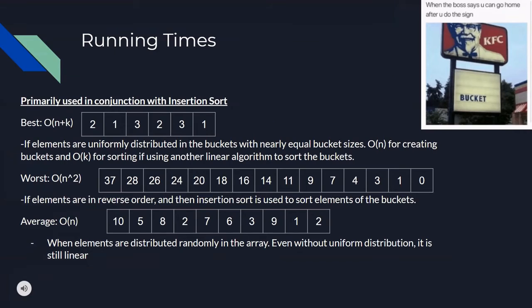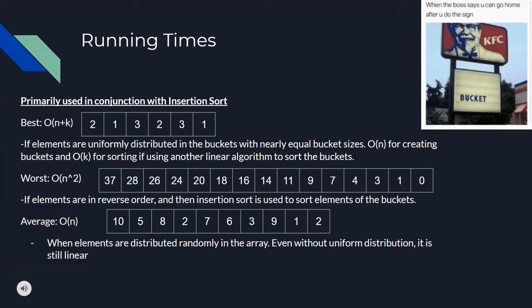If the elements are uniformly distributed, like the array that we have here, and the bucket sizes are nearly equal, then it's O of n for creating the buckets and O of k for sorting, if we use a linear sorting algorithm like insertion sort. So k can be substituted with n, so it's really 2 O of n, and since we don't care about coefficients, it's just O of n.